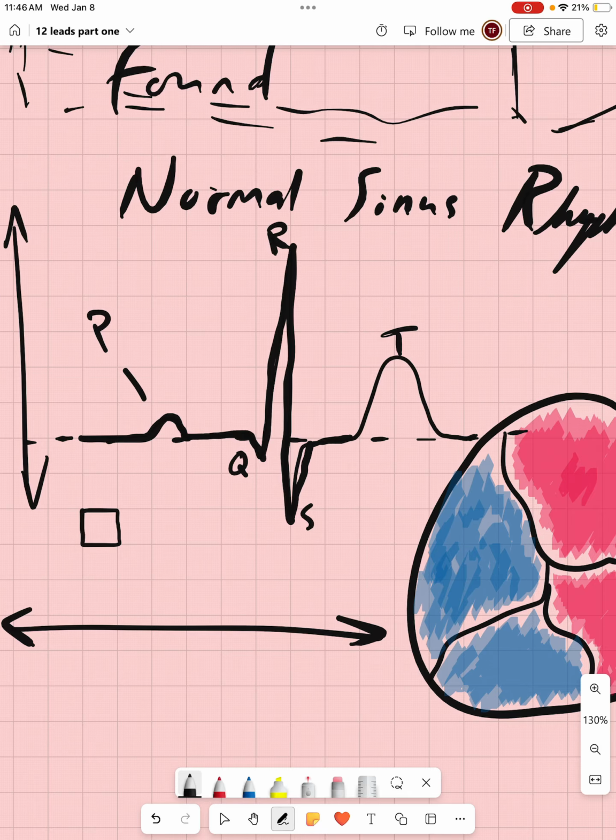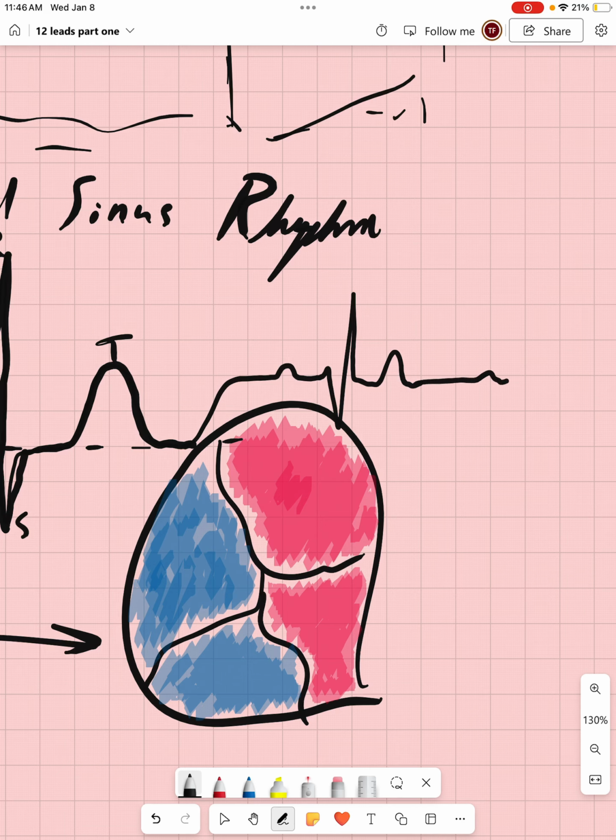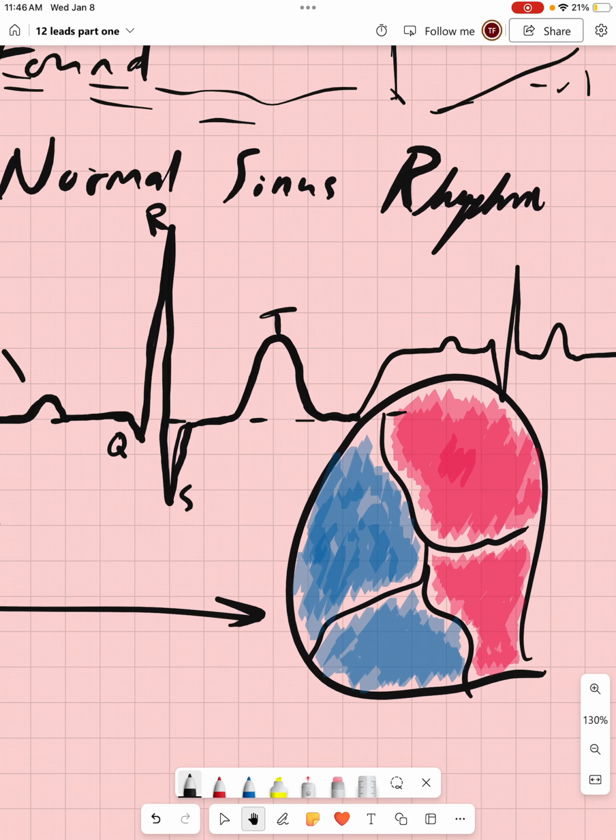And then I also have my T wave. And from here, we would repeat. So this would go P, Q, R, S, T, P, Q, R, S, T, down and down and down. All right.